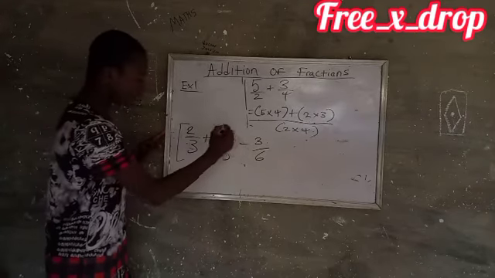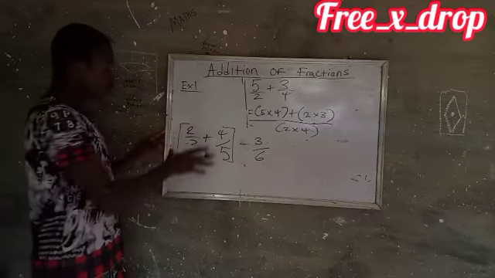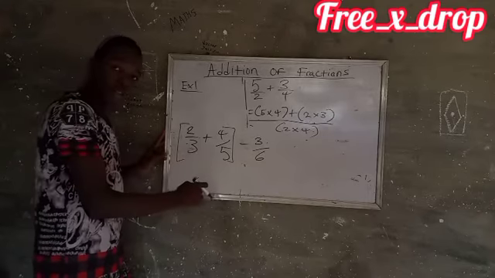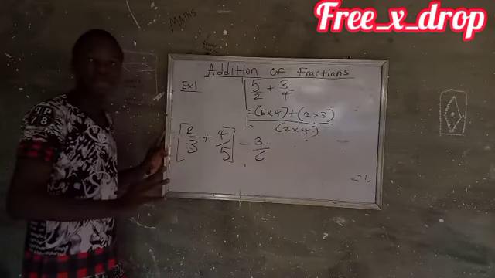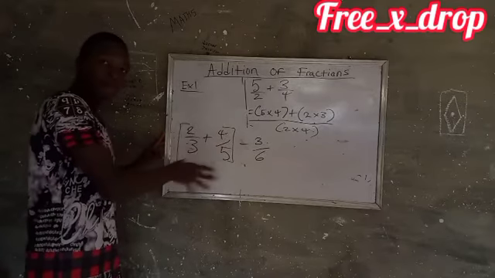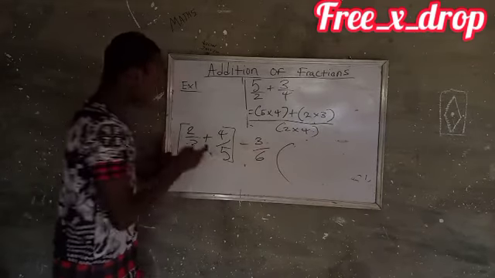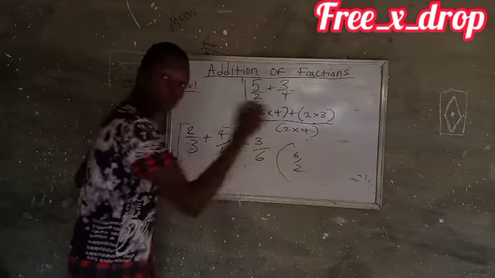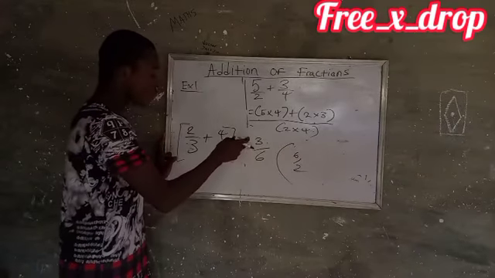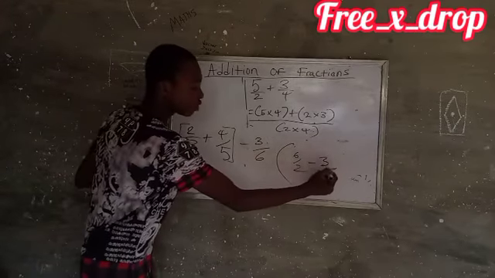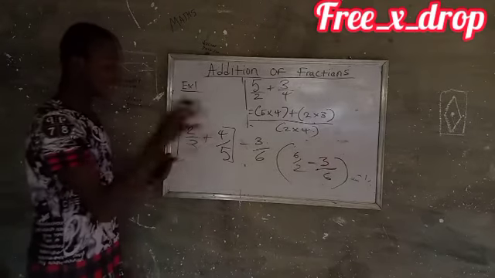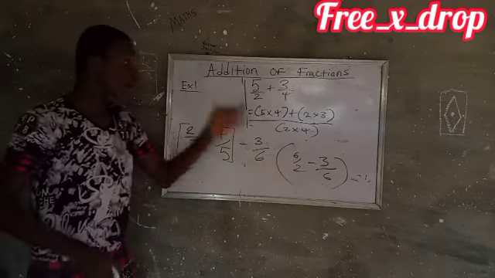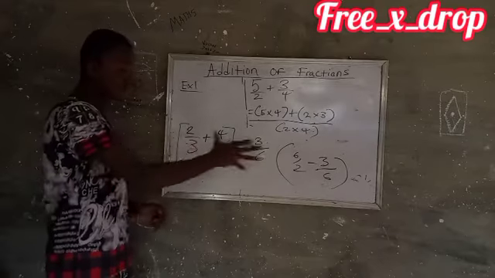You solve the first two, and then after you get your answer, you add this one. For example, after doing this, maybe you get an answer like 6/2. So what you actually do is add this one, minus 3/6. It is as easy as that. You have to do 2 first before you do the other one. You can't take 3 of them at the same time.